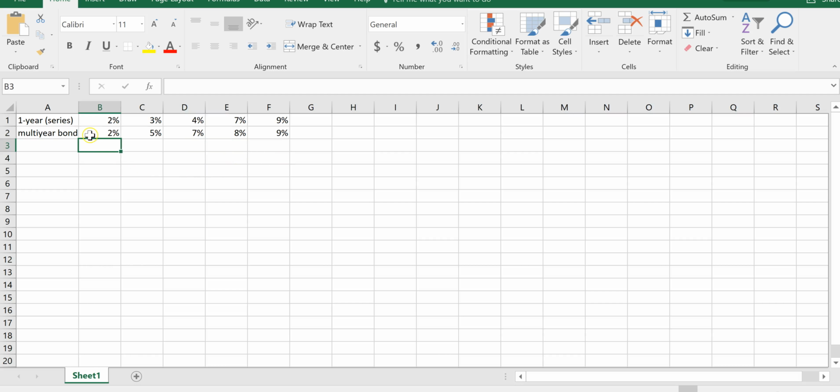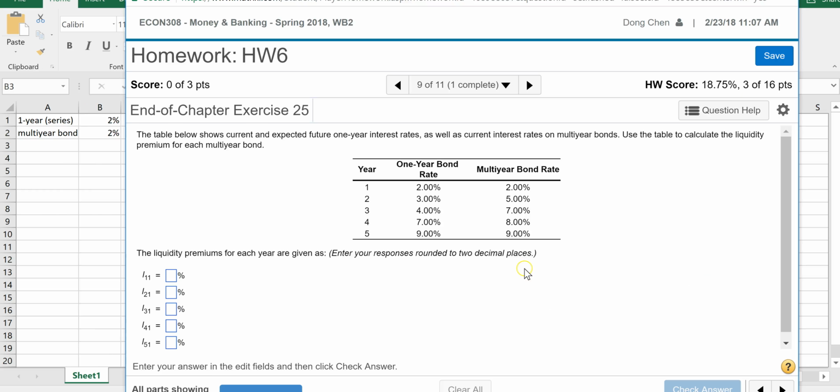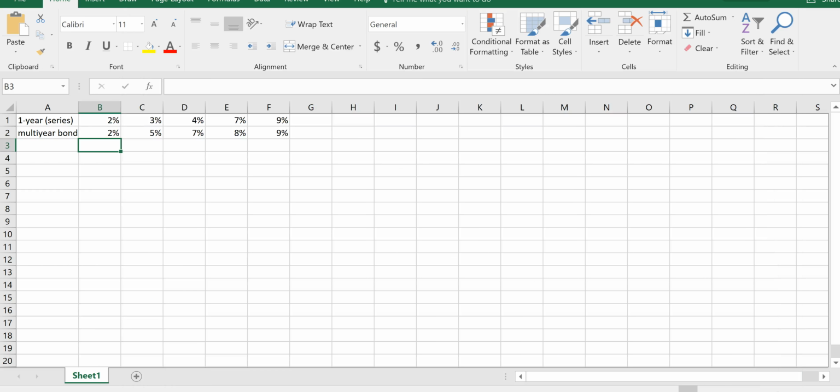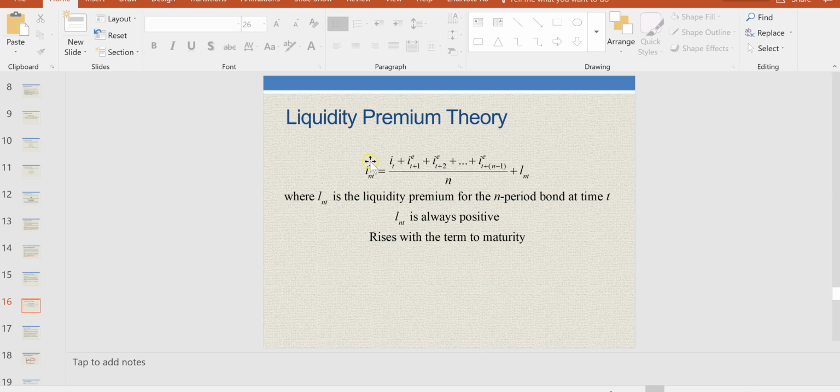So this is the multi-year interest rate. Going back to the lecture slides, this is basically this INT here. And you are also provided with this IT plus 1, IT plus 2, and IT plus n minus 1.